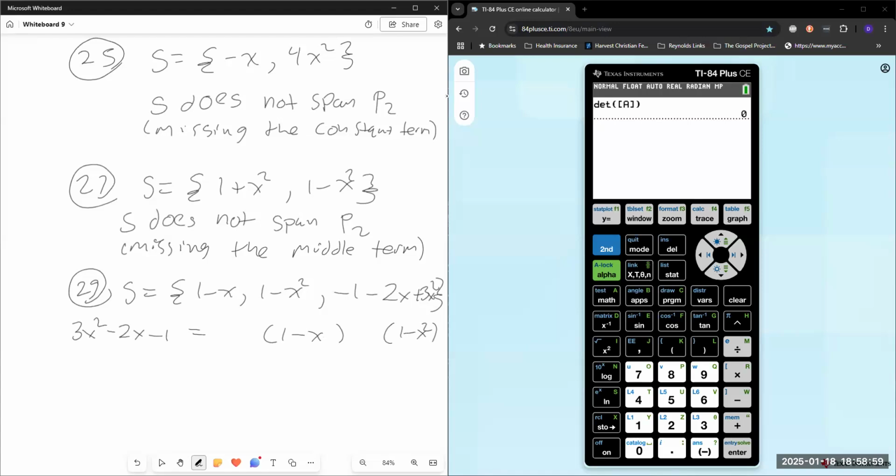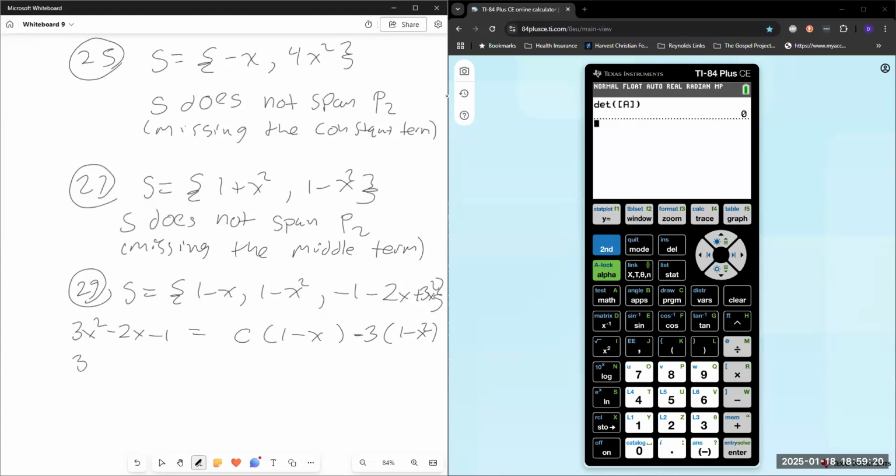Okay, so to get the 3 on this side, I need a negative 3 as my coefficient on x squared. I'll solve for this c right here that I would need to do that.